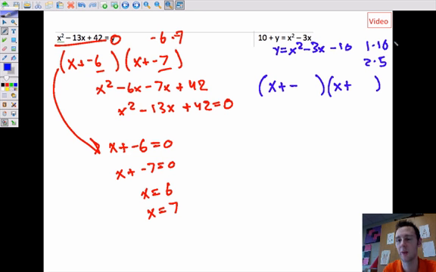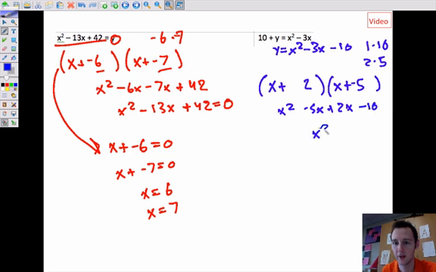You can kind of look at 1 times 10 and see that if you put a 1 in here and a 10 in there, we're never going to get negative 3 in the middle. And that's just one of those things that you pick up by doing it a lot. So that's going to be a positive 2, and that's going to be a negative 5. Expanding, I get x squared minus 5x plus 2x minus 10.